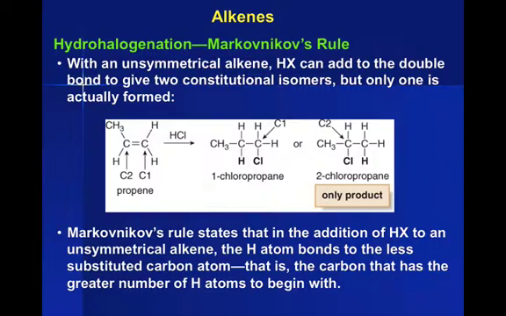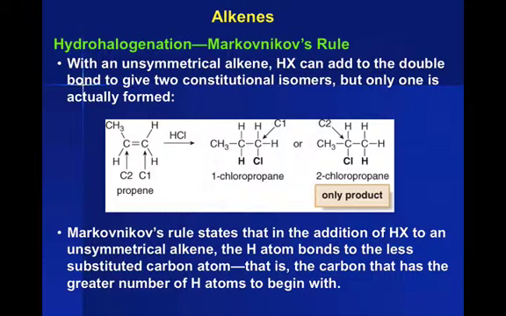That's an oversimplified statement. What really is governing that rule? Danielle was hinting at it here just a second ago. Why is it that that hydrogen goes to the carbon with the most hydrogens? So we have to draw both of them out.